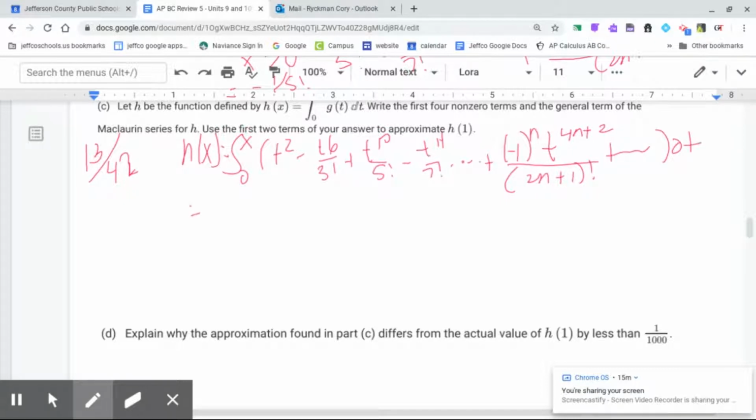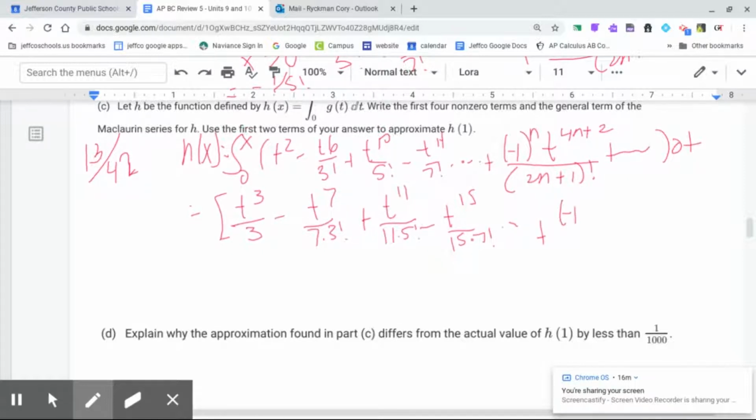If I integrate that, I get t cubed over 3 minus t to the 7th over 7 times 3 factorial plus t to the 11th over 11 times 5 factorial minus t to the 15th over 15 times 7 factorial.